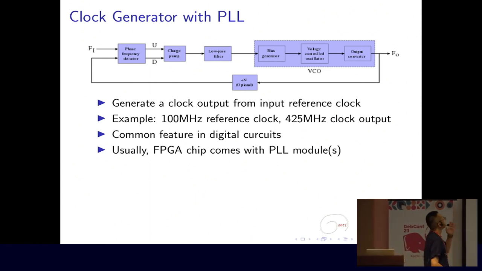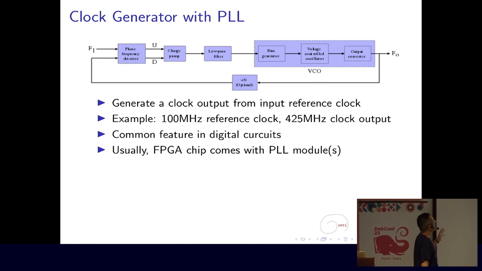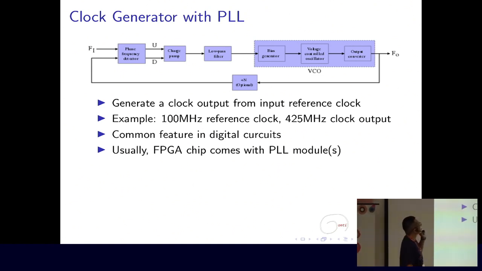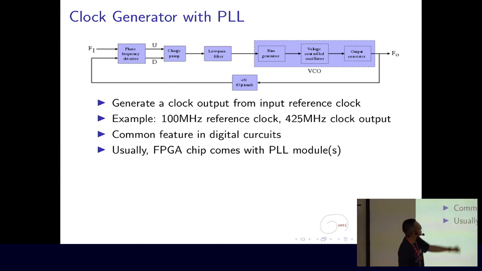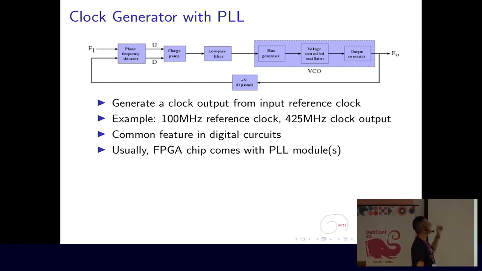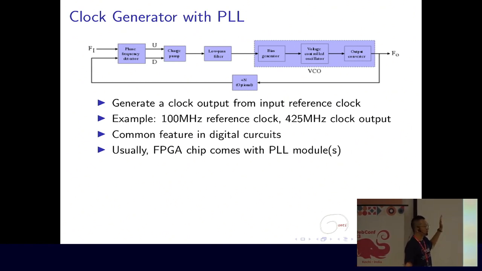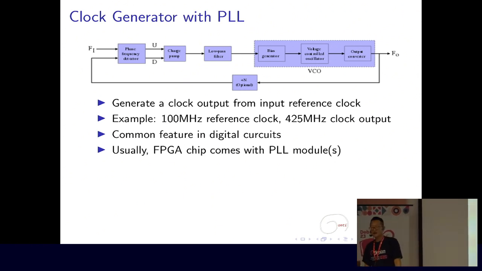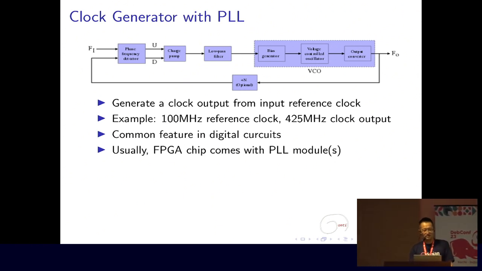The functionality is that it generates a clock output from an input reference clock. An example is that the input is 100 megahertz and the output is 425 megahertz, just like that.